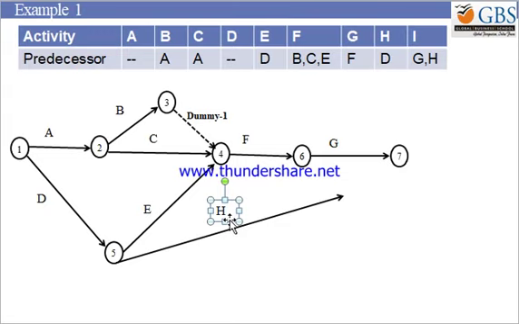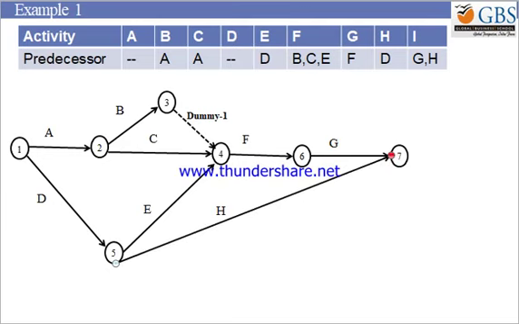From G and H, I need to get I. So G and H need to be connected over here, and from here, I'm going to draw an I.